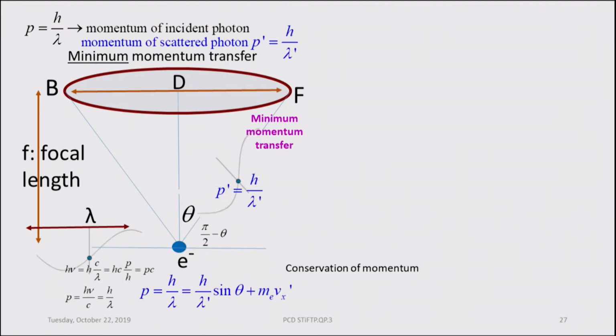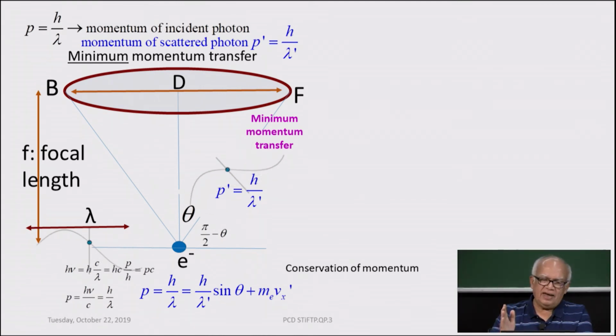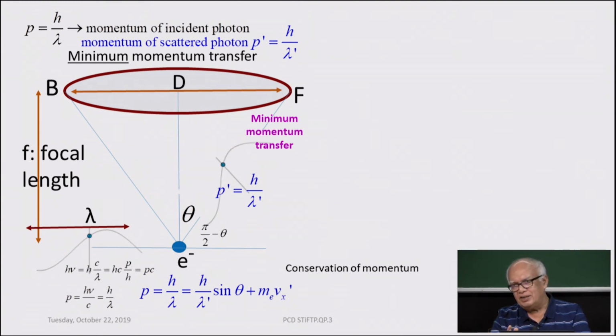So, let us consider observing the scattered photon in the direction f, in which case the scattered photon goes with a momentum p prime, which is h over lambda prime, right, and it comes at an angle theta with respect to the line joining the point D, and pi by 2 minus theta with respect to the line of incidence of the incident photon.